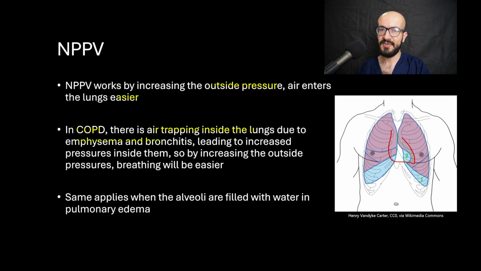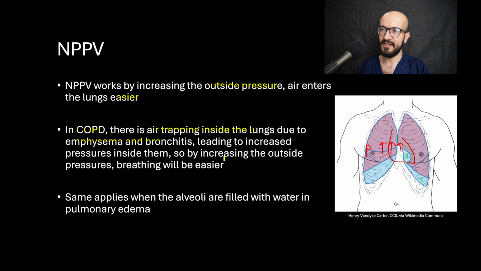The trapped air increases the pressure inside the lungs, and this makes it hard for the patient to inspire air because there is already a positive pressure inside the chest. So the patient's respiratory muscles work harder to get the air in. They have to contract more to decrease the pressure so the air comes in.